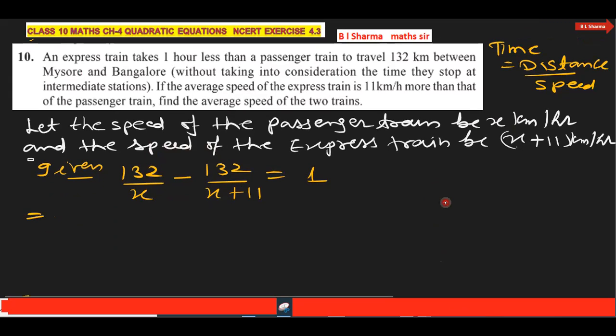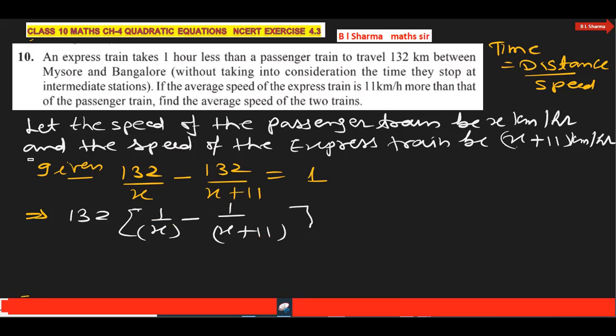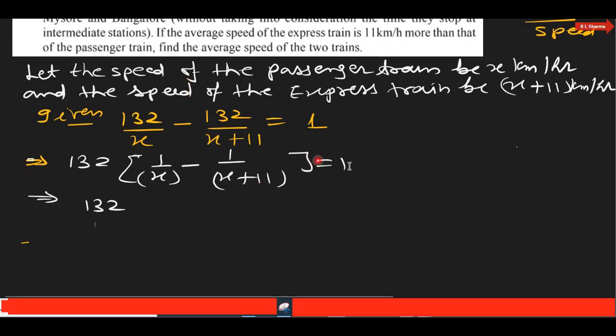Means how to calculate. You take 132 common. That is 1 upon x minus 1 upon x plus 11, that is 1. 132, LCM is x into x plus 11.